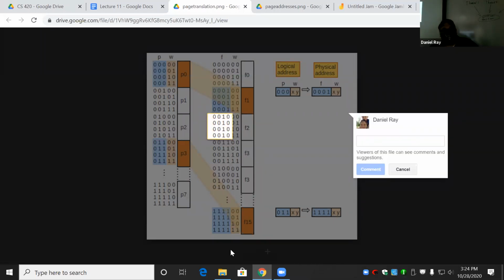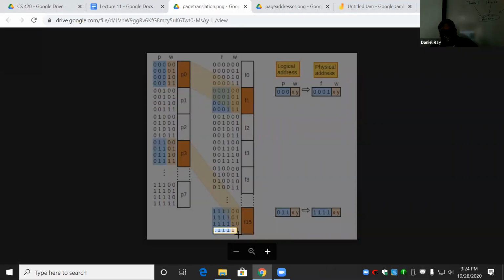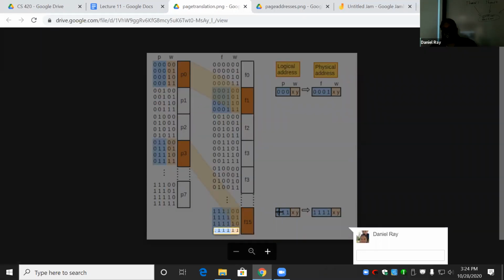And in this case, physical memory for this really weird, really small computer has 64 total addresses, total words. And that means that there are 16 total frames available for use, all of size 4.